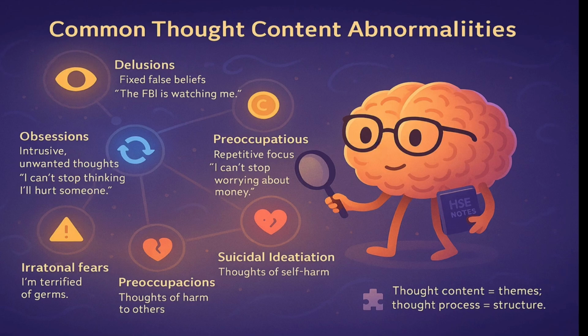Preoccupations, repetitive focus on a theme. Constant worry about finances. Suicidal ideation, thoughts of self-harm or I don't want to live anymore. Homicidal ideation, thoughts of harming others. Sometimes I want to hurt him. Sometimes I want to punish others.